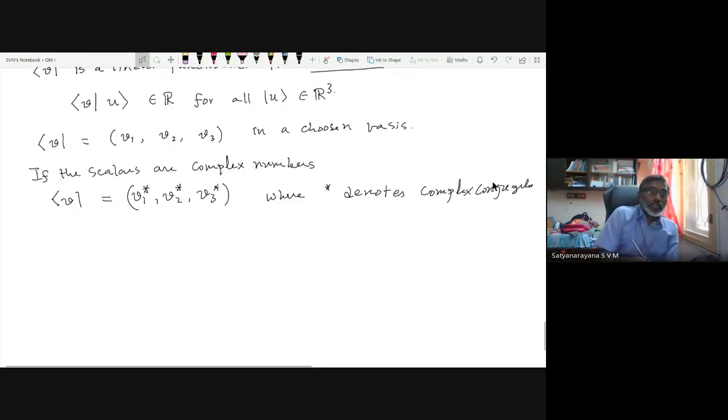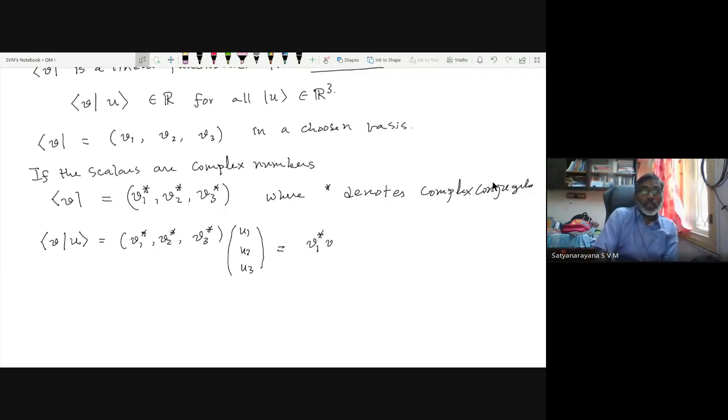Such that when I take v and some u, I will have V1 star, V2 star, V3 star, and U1, U2, U3. This will be a scalar: V1 star U1 plus V2 star U2 plus V3 star U3. So this is a complex number.